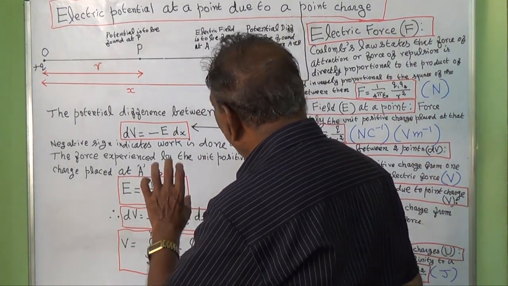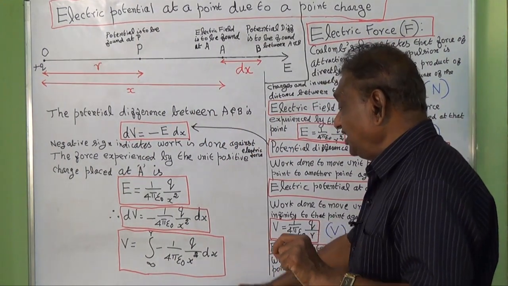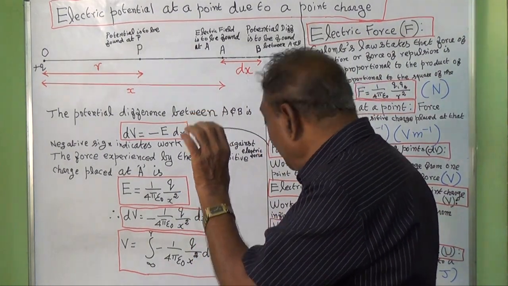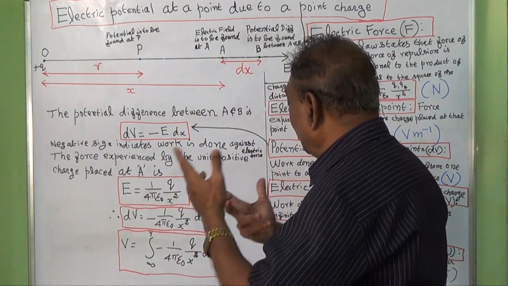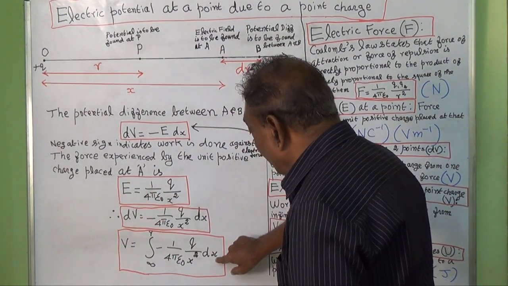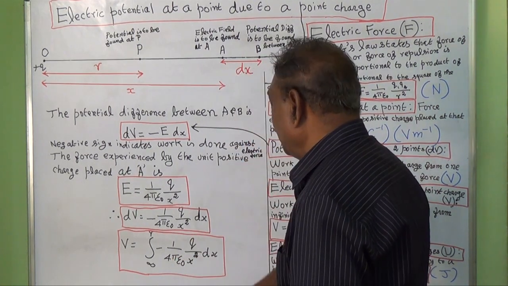What is the duty of this dx? The function of this dx is to identify the variable which is to be integrated. Since the dx has come, the variable x is to be integrated.